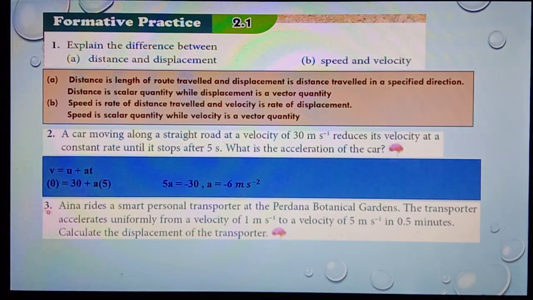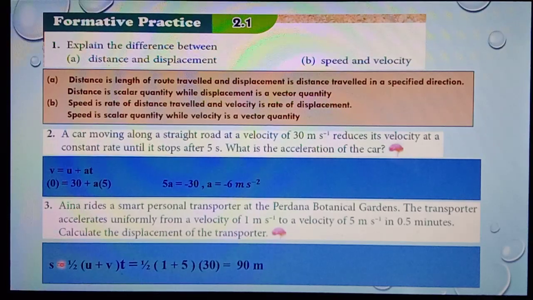Okay, number 3, Aina rides a smart personal transporter at Perdana Botanical Gardens. Transporter accelerates uniformly from velocity 1 to velocity 5 in 0.5 minutes. Calculate displacement. So you have the initial velocity, final velocity, time taken, and then you want to find displacement. No mention about a. So the equation that can be used is s equals to half (u plus v) t.